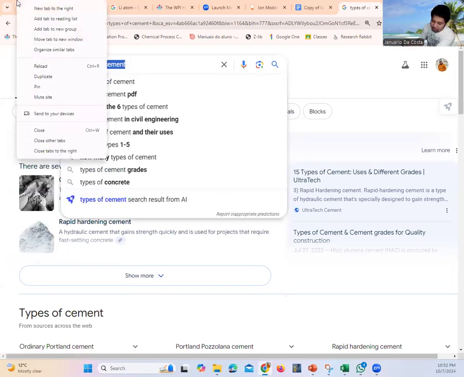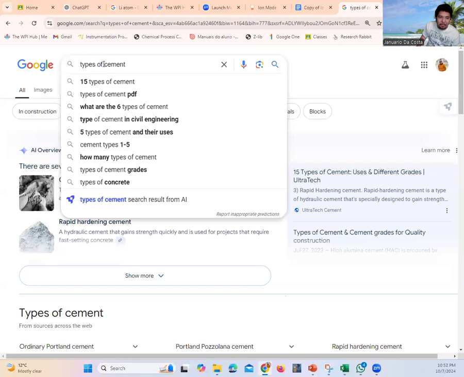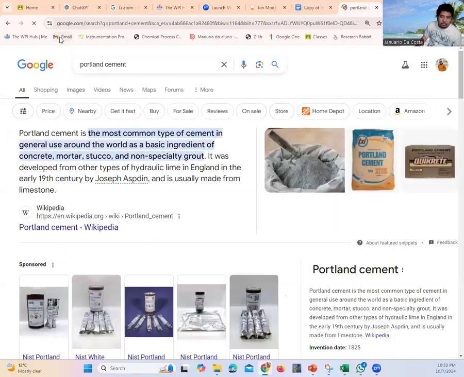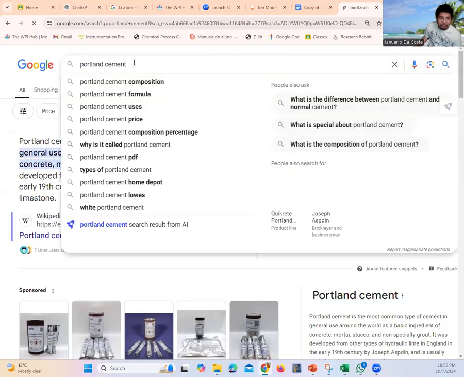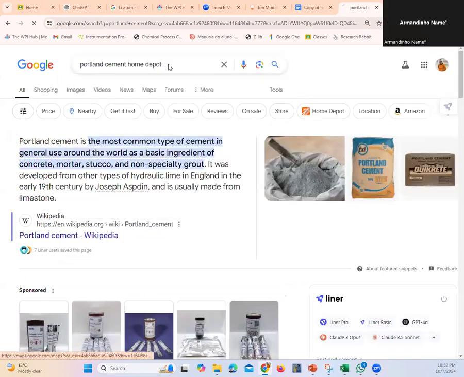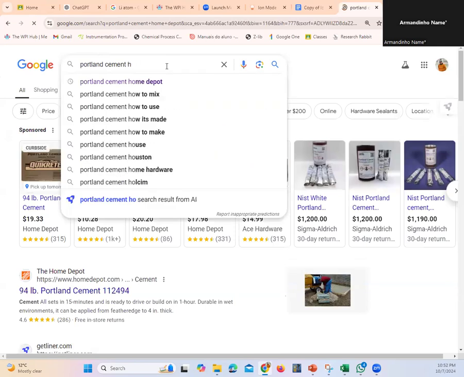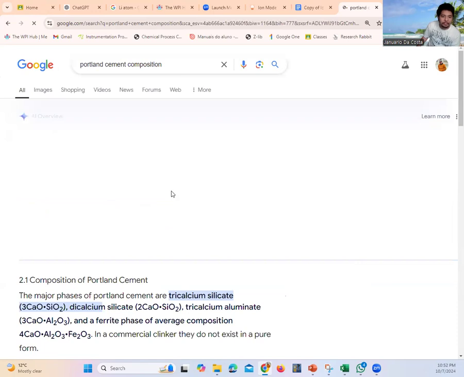Portland cement was invented in America, in Portland, Oregon. Okay, so this is Portland cement composition. Composition of Portland cement is what?